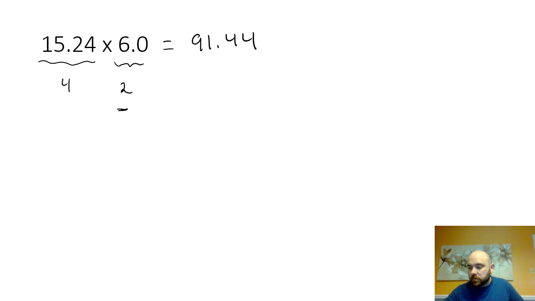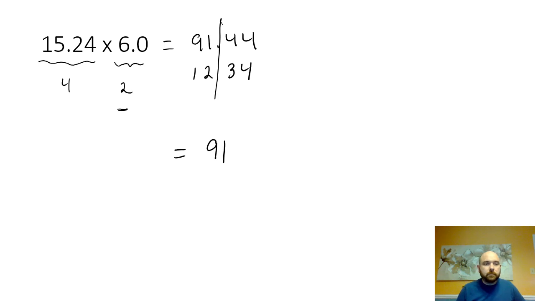And so this number has 1, 2, 3, 4 significant figures since they're all non-zero. And we'll want to round at this place right here. The 4 will not cause the 1 to change, and so the answer to that operation in the correct number of significant figures is 91.